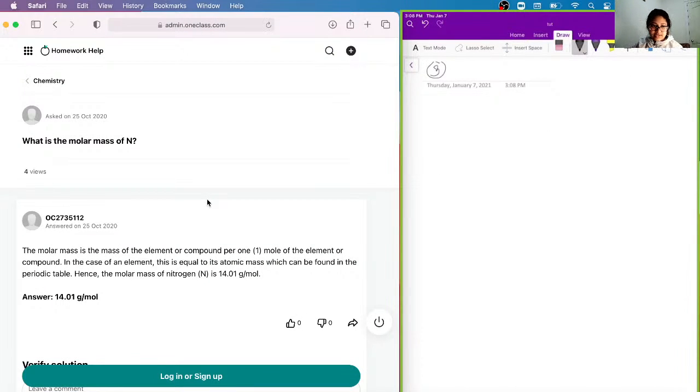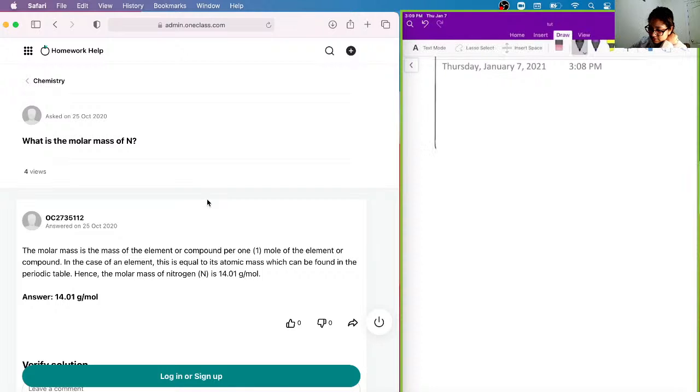Our next question says, what is the molar mass of nitrogen? The molar mass is the mass of the element or compound per 1 mole. Basically, you're saying the mass of the element per 1 mole.